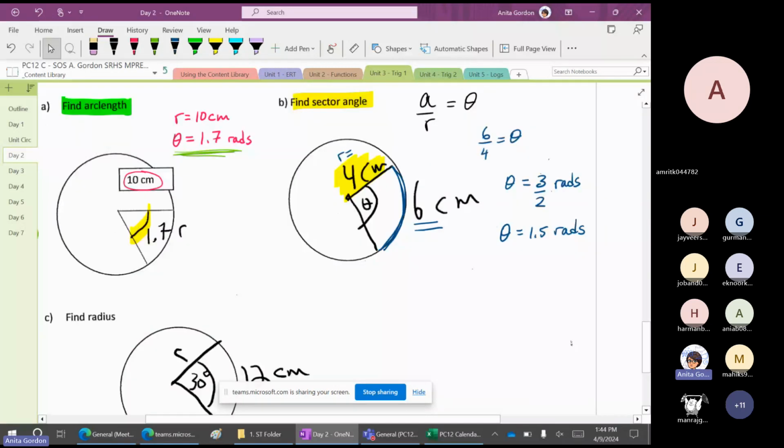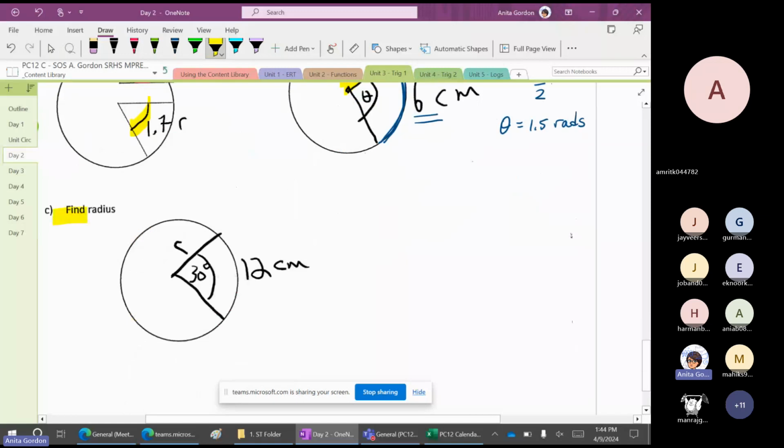Okay, and lastly here, find the radius. We are told that the angle is 30 degrees and that the arc length is 12 centimeters. Now, because we are working with ratios in radians, we must use radians. Okay, so pi over 180 equals theta over 30.